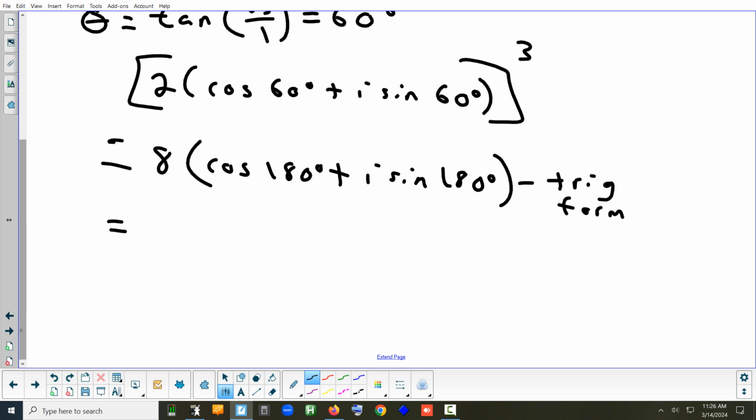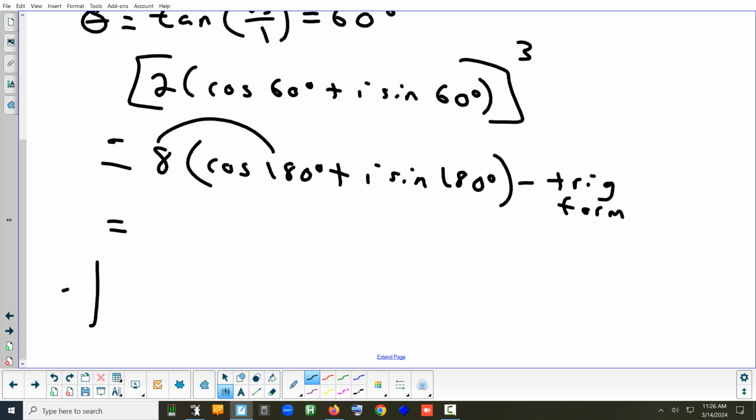To put it back into the other form, you've got to distribute the 8. The cosine of 180.